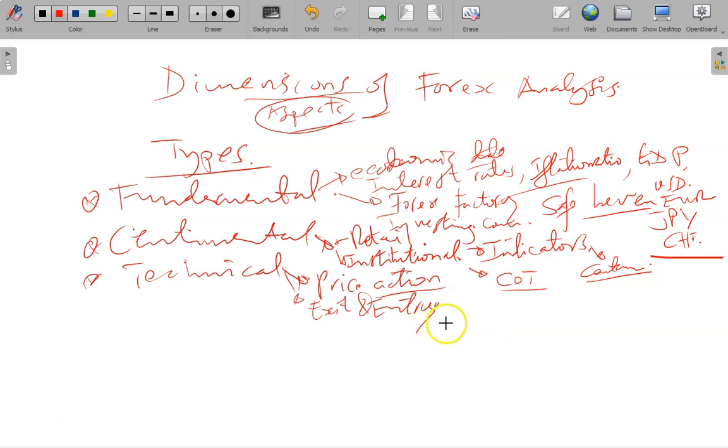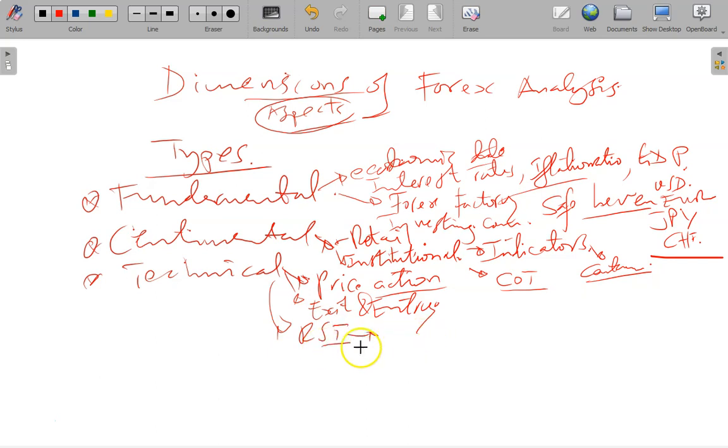Technical analysis can also be done through technical indicators. Technical indicators provide what we call signals. You can use things like RSI.